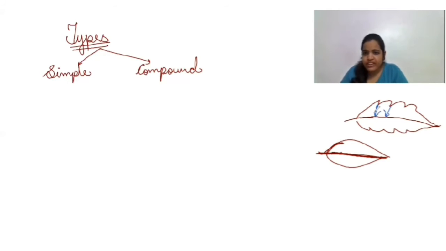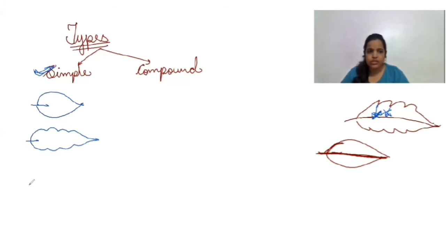If these leaves do not have their partitions reaching to the midribs, these leaves are known as simple leaves. I'll repeat again. If the partitions in the leaves, the designs of the leaves, are not reaching to the midrib, the type of leaf will be the simple leaf. Like these, any of these leaves which I'll be drawing here, they all are the simple leaves.